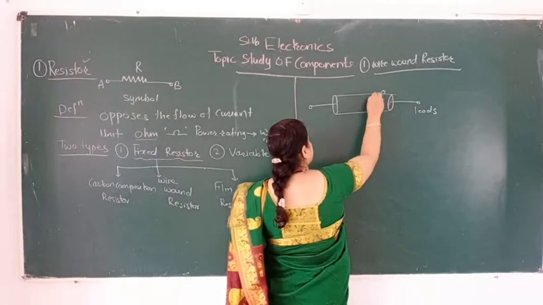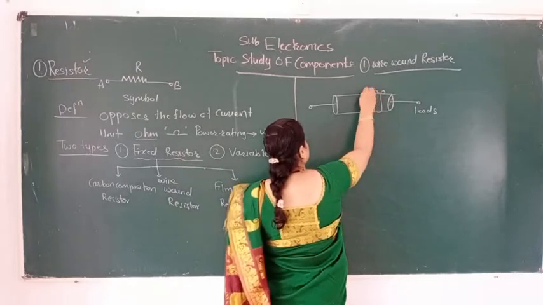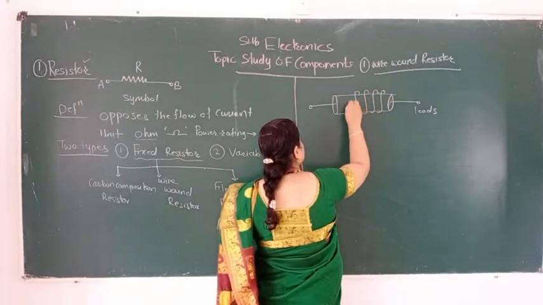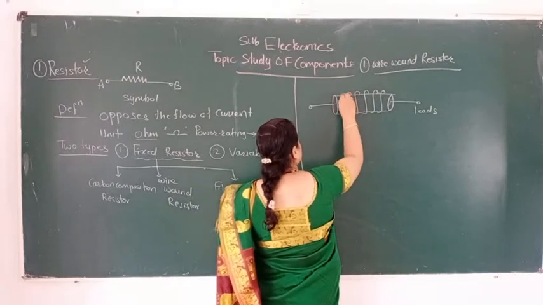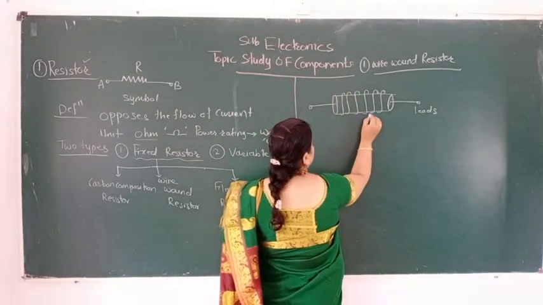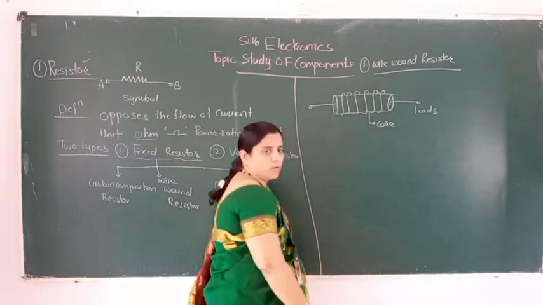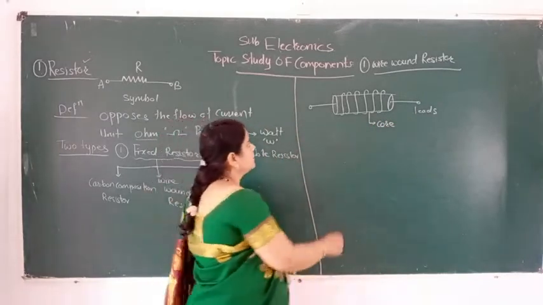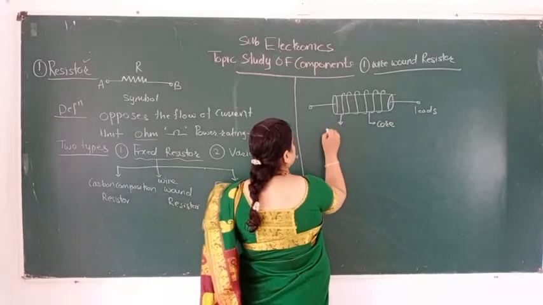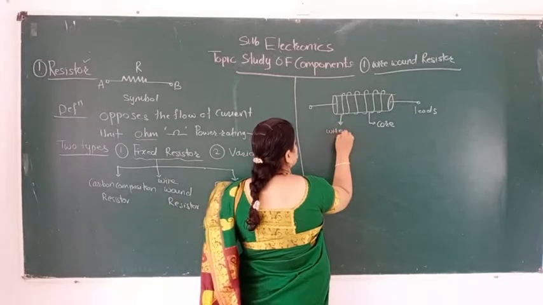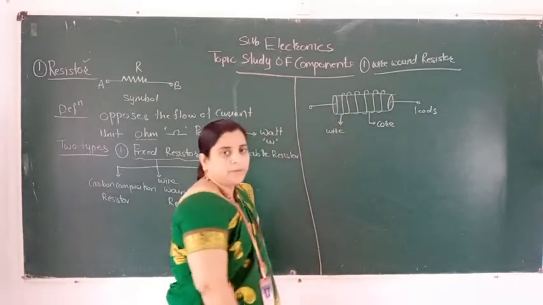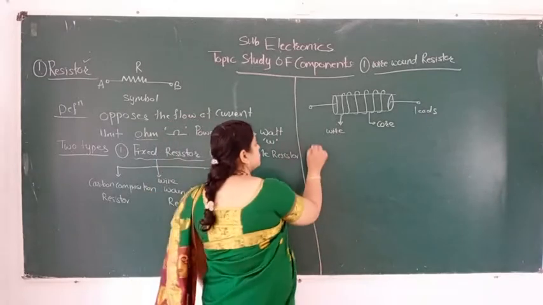The wire is wound on the core. This is the core, C-O-R-E, core, and this is the wire. This wire may be of magnetite.